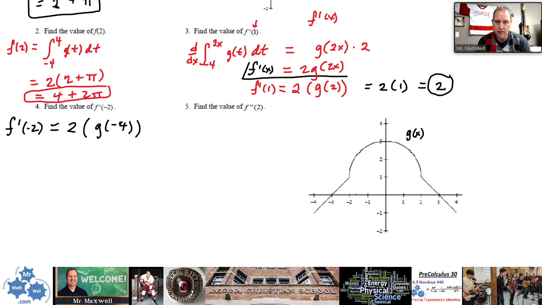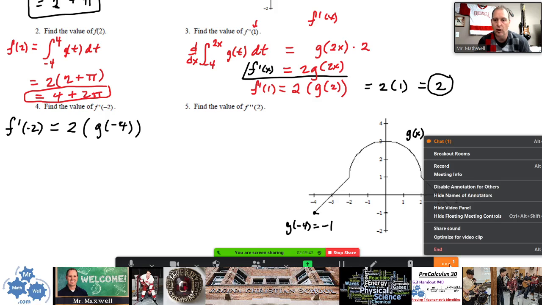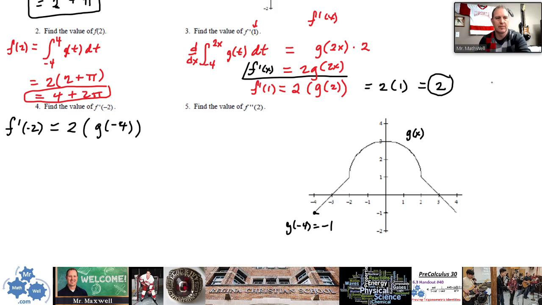So negative 4 is over here. This value right here, g of negative 4, is equal to negative 1. You see that? And my screen is paused. So g of negative 4 is negative 1. So f prime of negative 2 is 2 times negative 1, or negative 2. Okay.